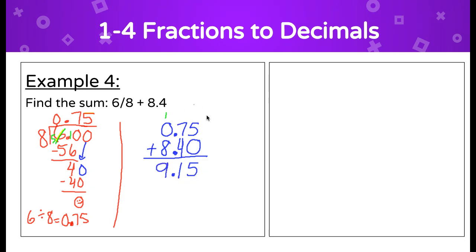Now, if for some reason you're having difficulties with adding decimals, I know some of you are, you can also just plug that into your calculator. 0.75 plus 8 and 4/10, and that should also give you 9 and 15/100. Now, the only thing with this is, please note that even though I'm using a calculator with these ones down here, I'm still showing work, right?